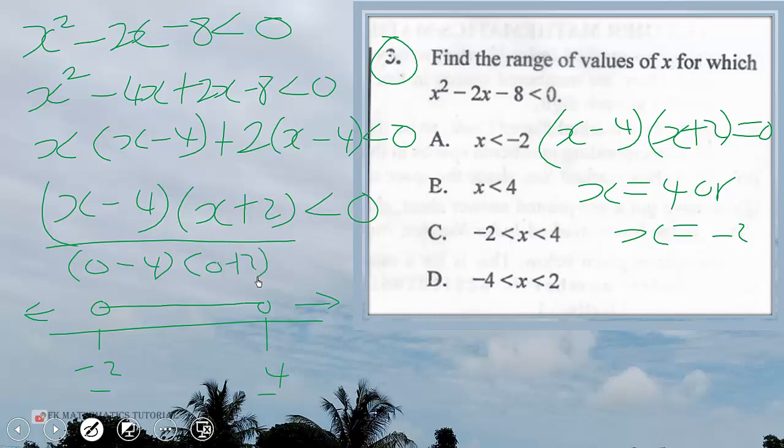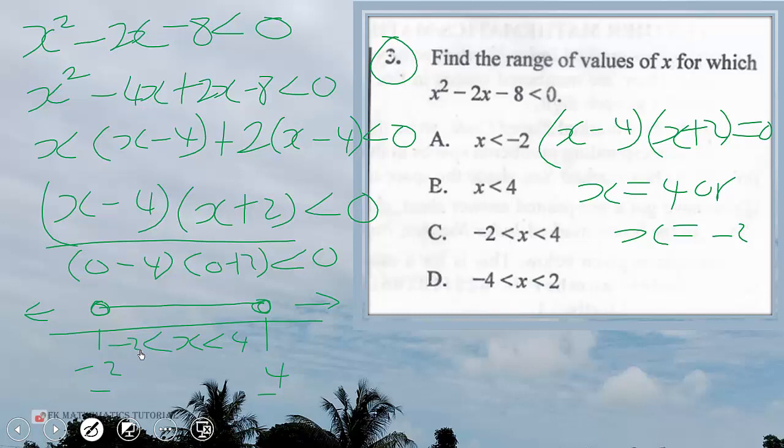So 0 minus 4 is negative 4 times positive 2 is negative 8. Now negative 8 is less than 0, which is true. So it means the solution is within this interval. So x will be less than positive 4, but x will be greater than negative 2.